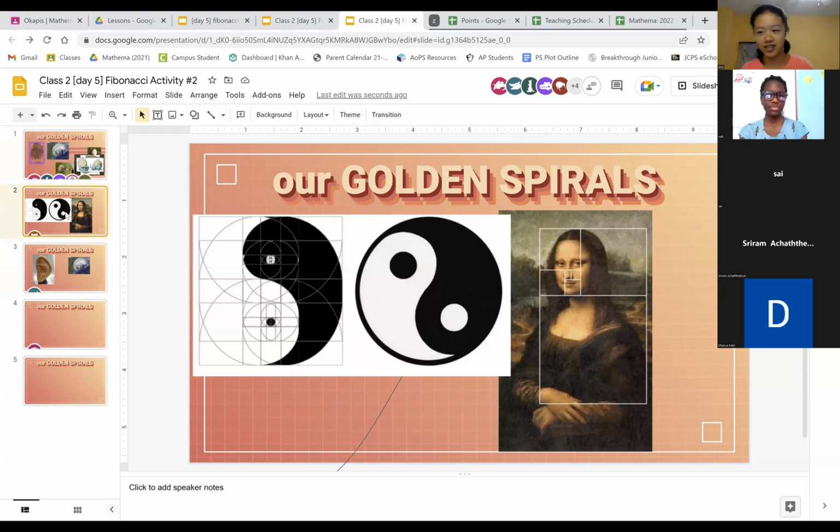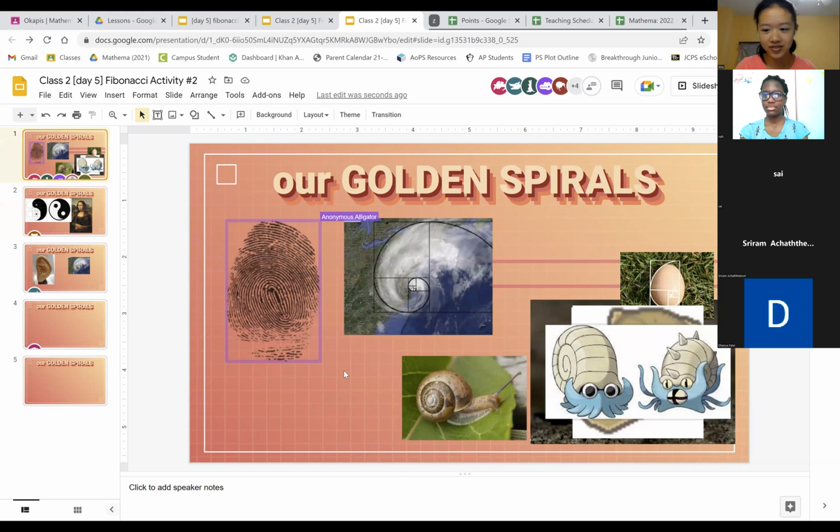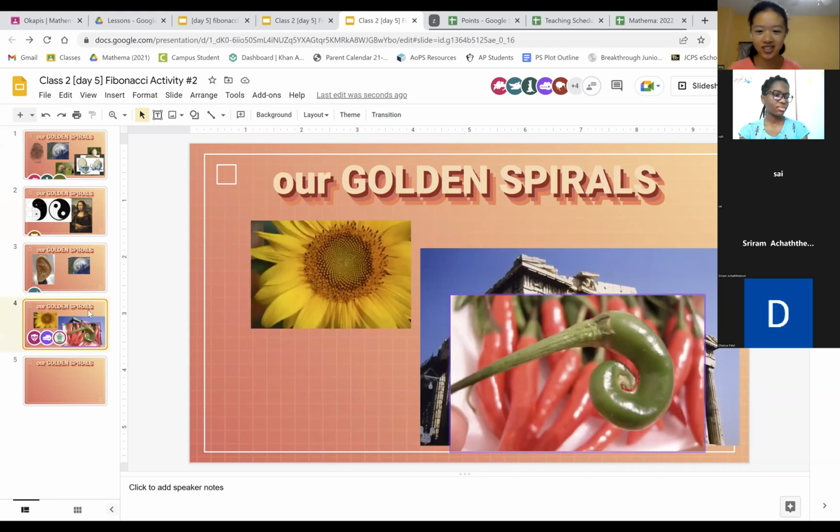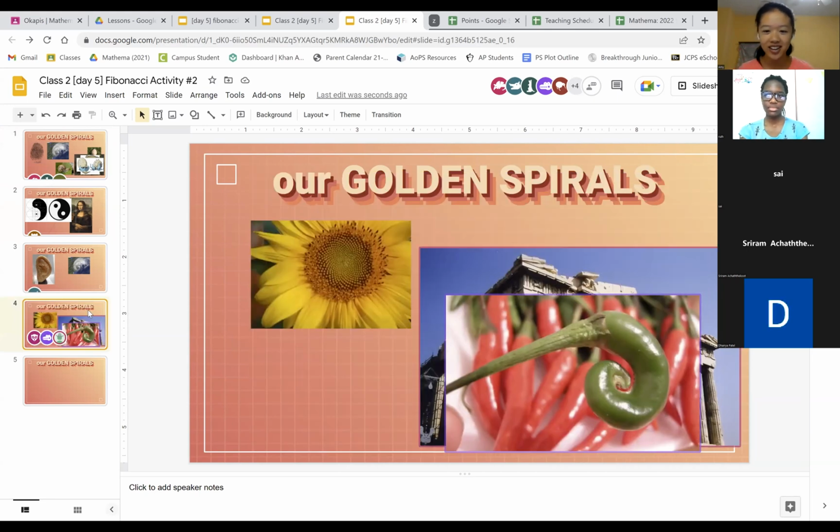You guys should try to find some examples of Greek architecture that have the golden spiral in them. Oops, what happened? Oh, there we go. Ooh, that's an interesting plant. Oh, it's a pepper.